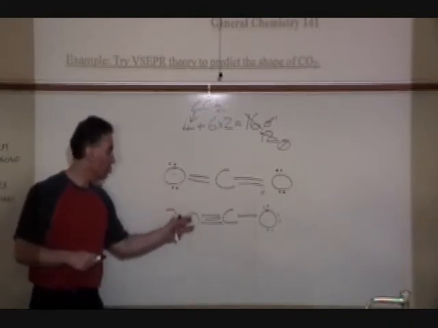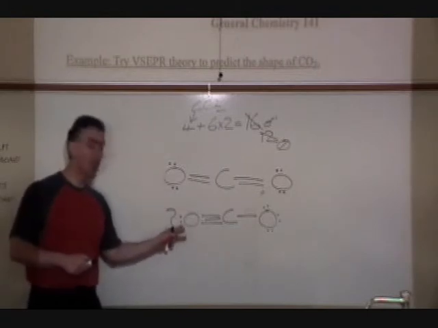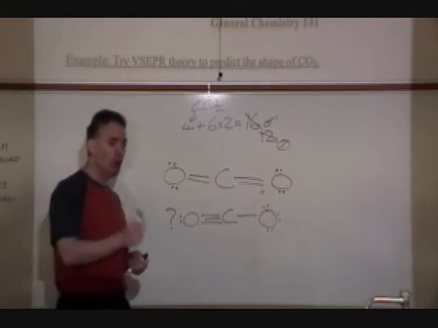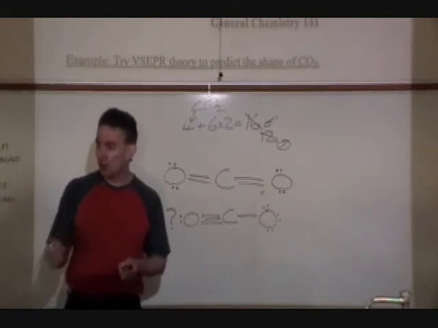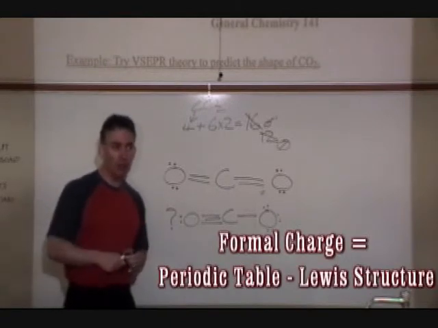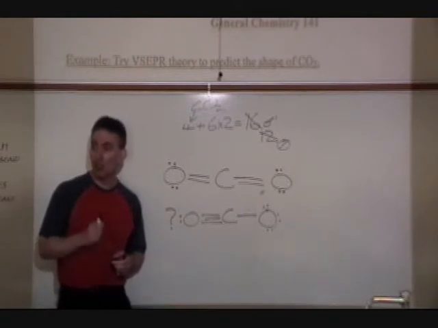In each case, we've got octets complete. So why is this picture nicer than this picture? So again, when you have multiple possibilities for your final structure, use formal charge to work out which one is best. The best structure should minimize formal charge.